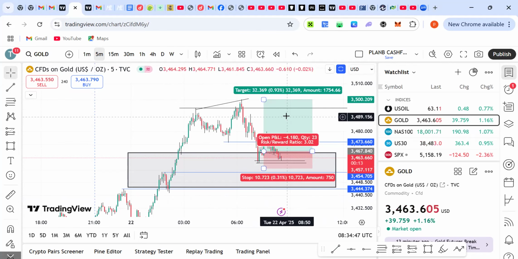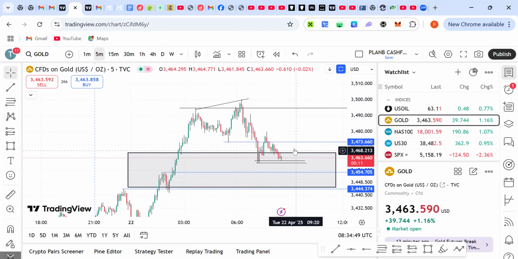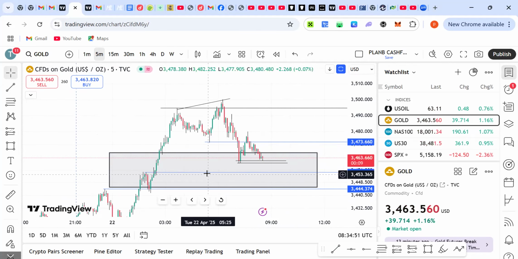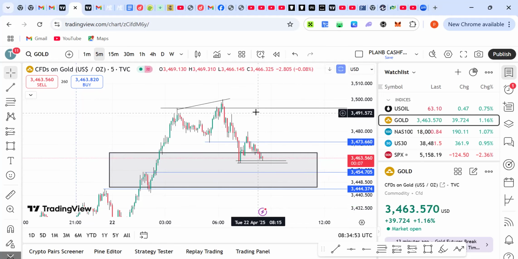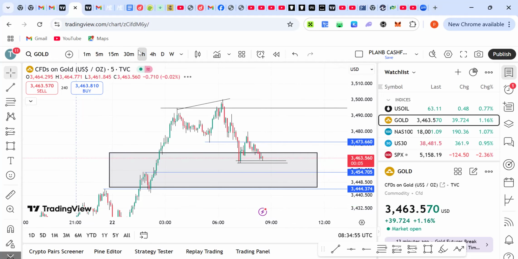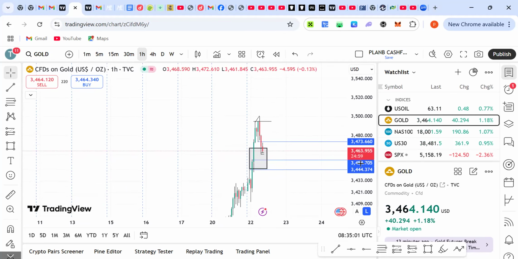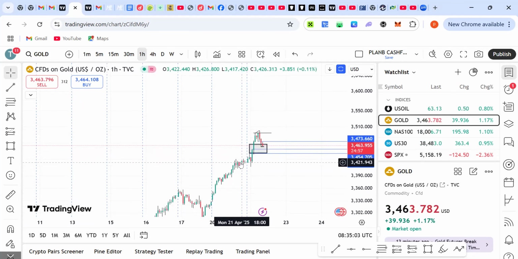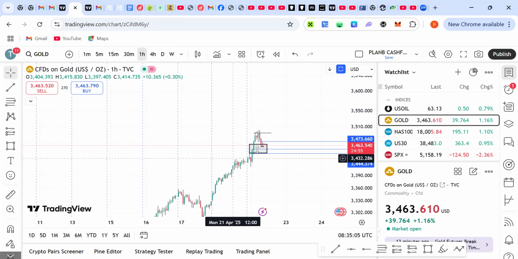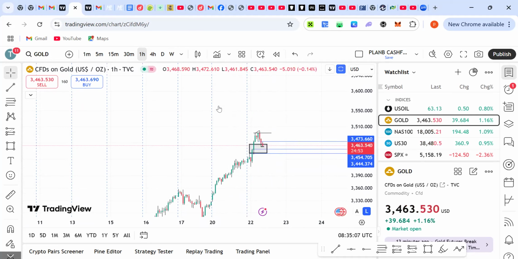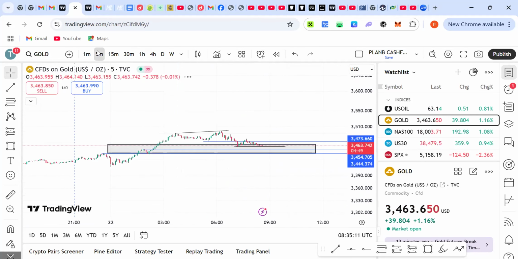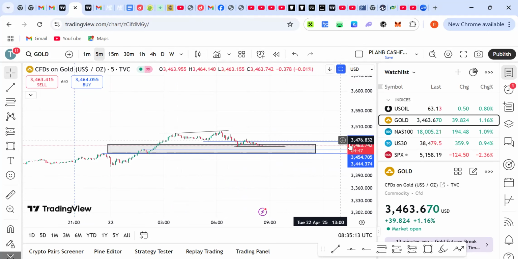That means I will be looking for another entry. Do you understand? Because overall, it's an uptrend. Look at it on 1 hour, 4 hours, and all of that. Overall, it's an uptrend. It's just pulling back, which can pull back even down to this point. But if you respect this region, then you can find an entry to make much, much money.